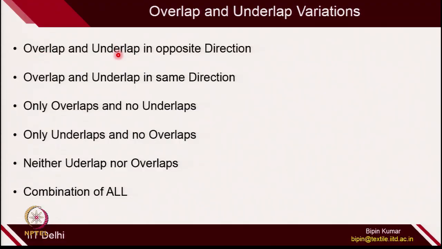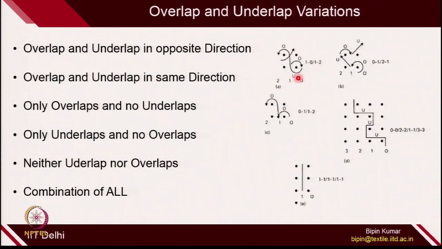I have already told you overlap and underlap is required during each course formation. And this pattern of overlap and underlap has different possibilities. For example, you can go for overlap and underlap in opposite direction. You can also go for overlap and underlap in same direction.